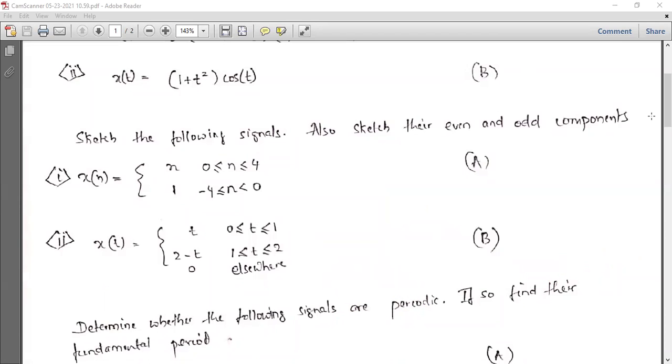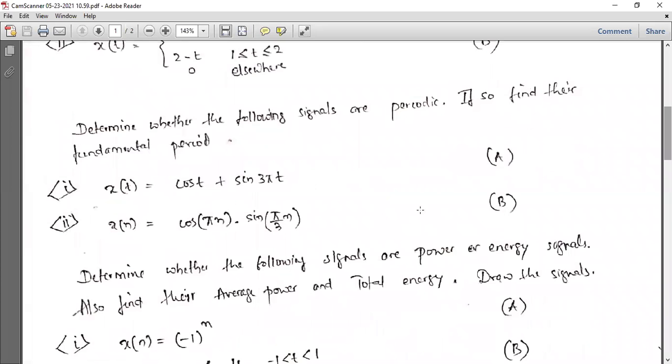Then what was the next thing? This was a very interesting question. You can see in one of them, both the sinusoids individually are periodic only. We know continuous time sinusoids are periodic. But here, the pi is missing in the period of one, whereas in the second one there is a pi coming.